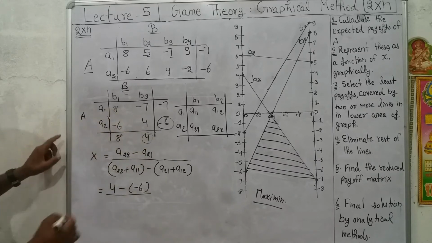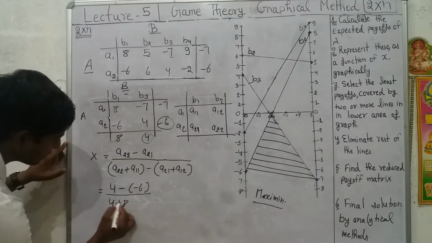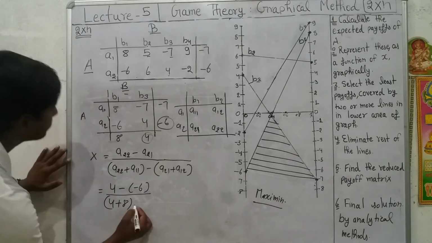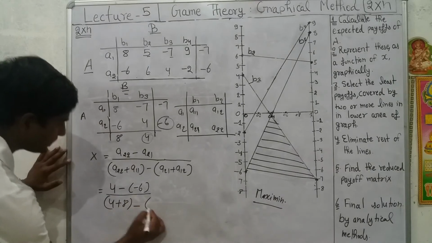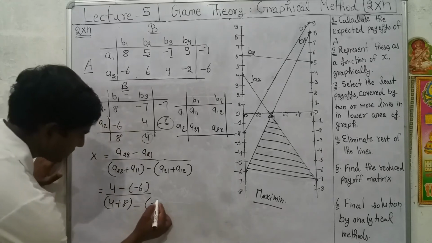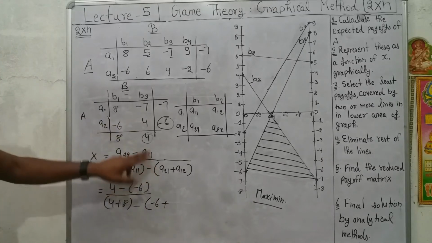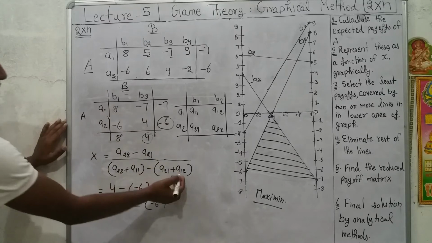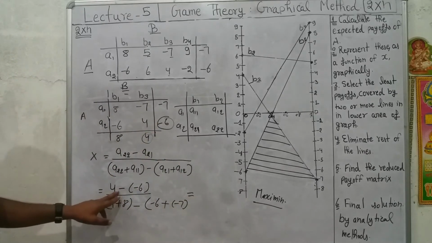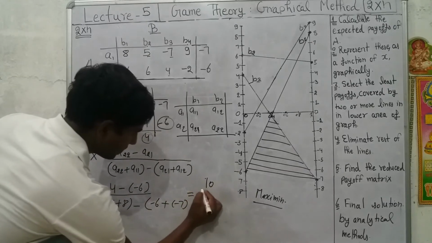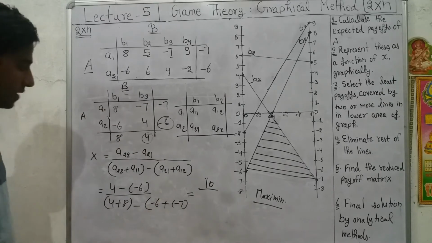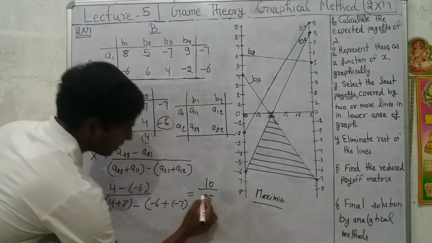A22 is 4, A11 is 8. 4 plus 8 minus A21, that is minus 6 plus A12, that is minus 7. So the value would be equal to 4 minus minus 6, that is 10, and 4 plus 8, 12, minus minus 13 means plus 13, value would be equal to 25.